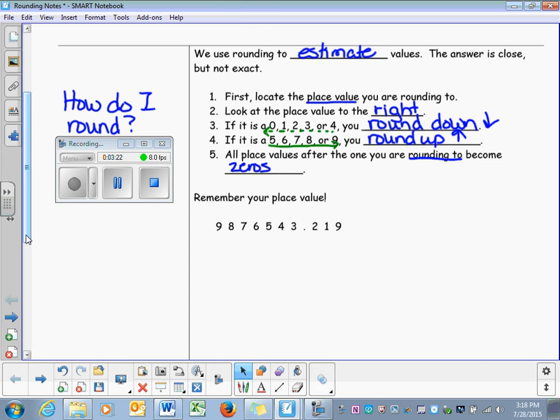In the previous two lessons, we talked about how the ones place is the critical place value. It's the most important place value we have. The ones place is immediately to the left of the decimal point. In this case, it's the 3.